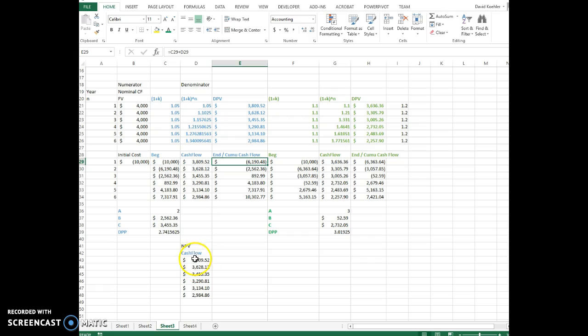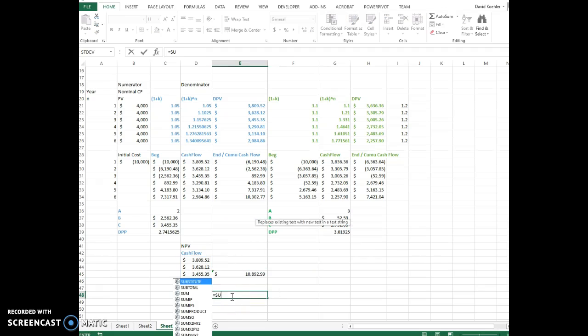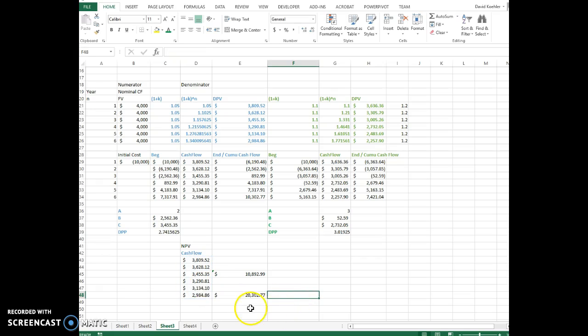When we do net present value, if we were looking at just 3 years, we would sum those three. If we were looking at 6 years, equals the sum, put an open parentheses, I'll grab all of these, closing parentheses, and hit tab. Boom. So this is at 3 years, this is at 6 years.